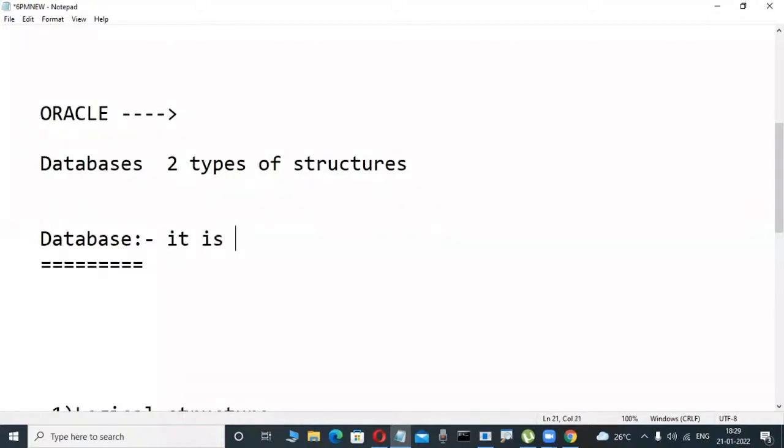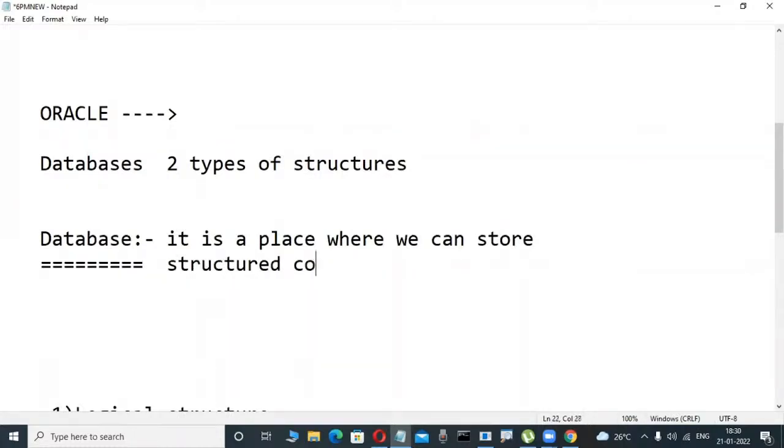It is a place where we can store a structured collection of data. They are telling only that. What is data? What is information? What is DBMS? That is later. Structured collection of data.